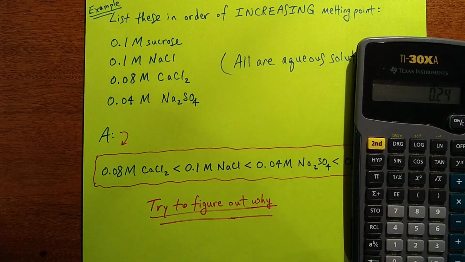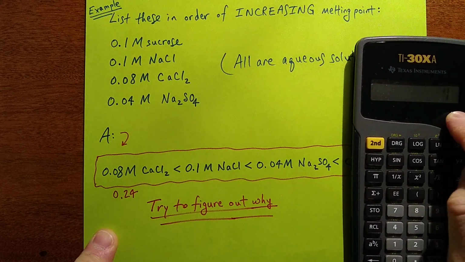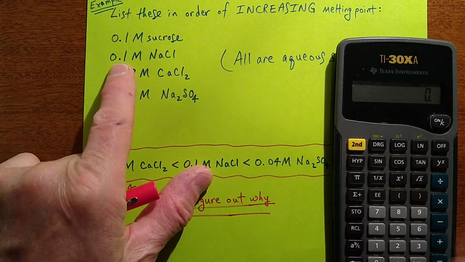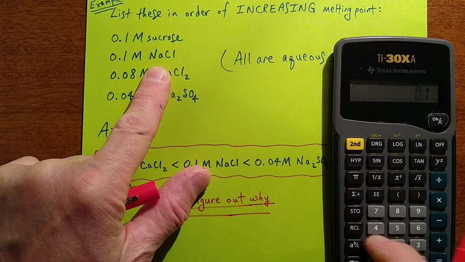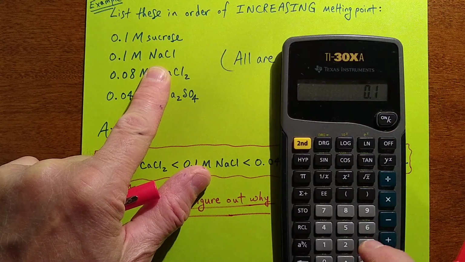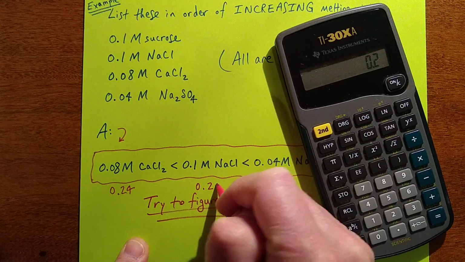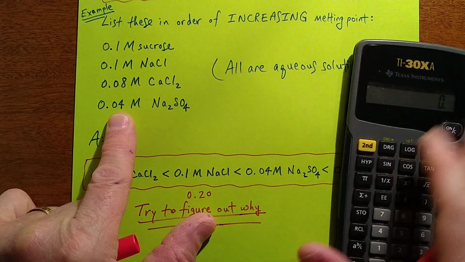So this has 0.24 numbers of particles, so to speak. This one here, 0.1 molar sodium chloride, sodium chloride breaks apart into 2 pieces, so 0.1 times 2 is 0.20. Sodium sulfate, 0.04 molar.